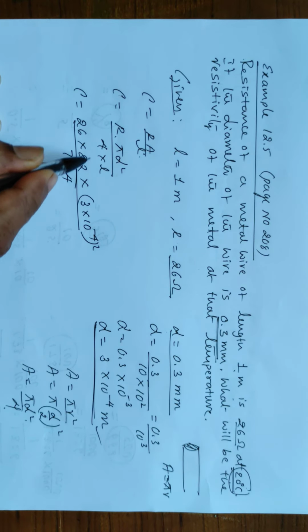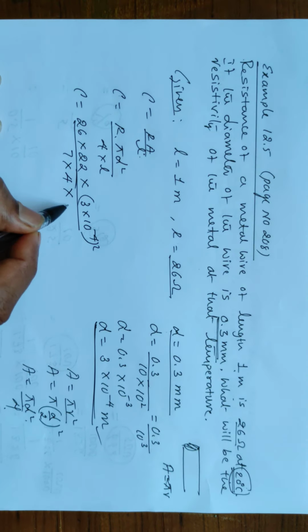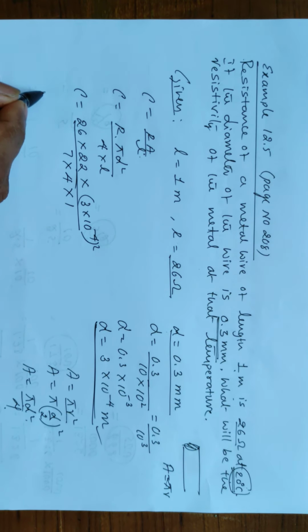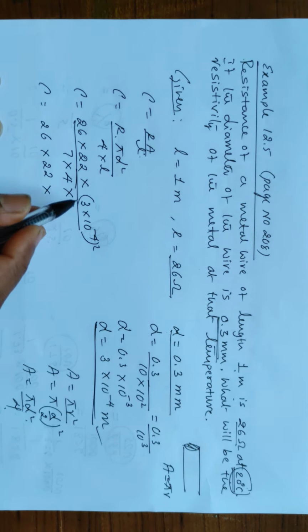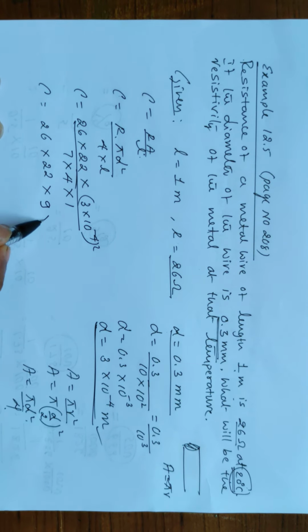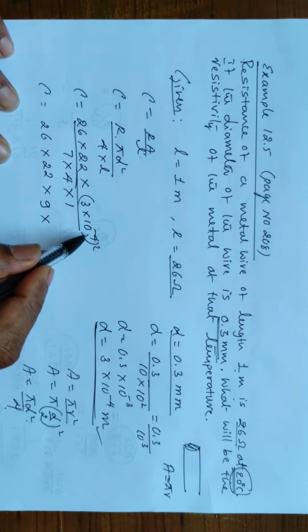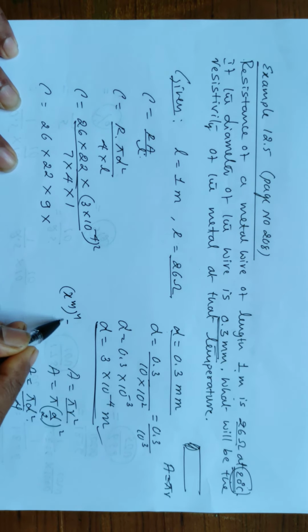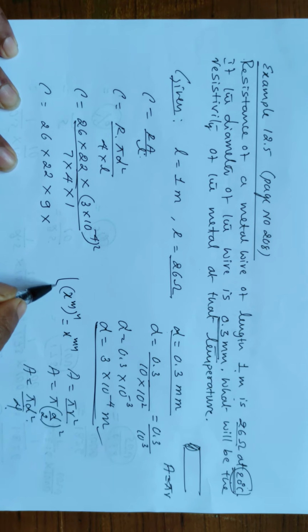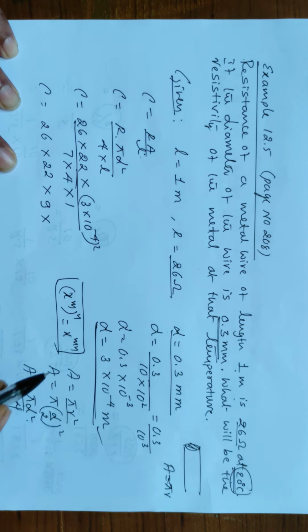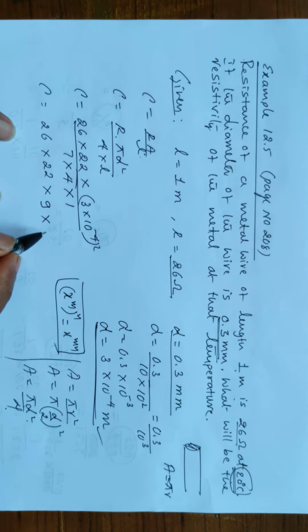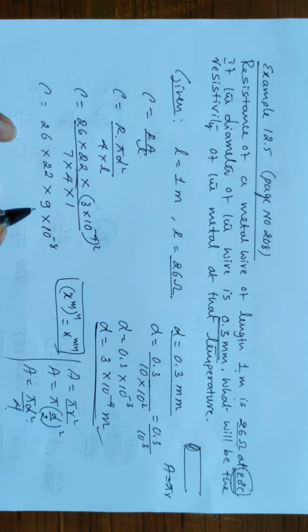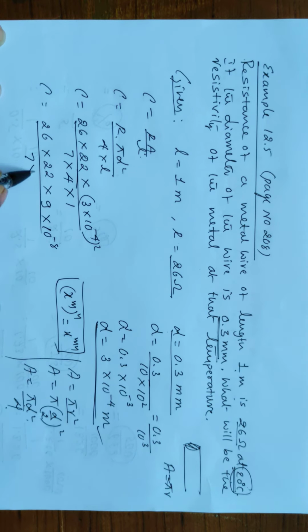Here we need to write 4 into length of the conductor, 1 meter. So rho is equal to 26 into 22, 3 square is 9, into 10 power minus 4 whole square. That is, x power m whole power n is equal to x power mn, you know the laws of exponents. So here I write 10 power minus 8 divided by 7 into 4.